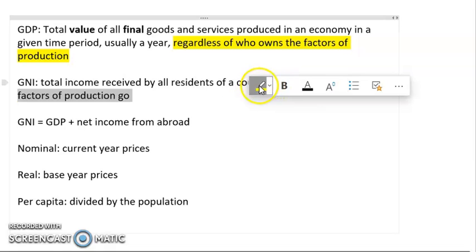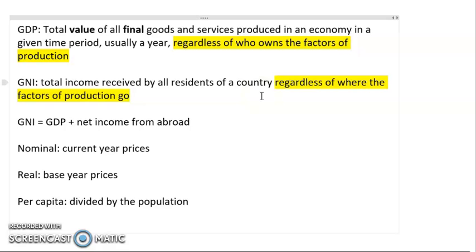What this is saying is, let's go back to the work example. The guy in Serbia, right? The Serbian resident who goes to the US and works and has the money, let's say they send it home to their family. That money counts toward the GNI of Serbia because it's income that's actually going back to people in their country, even though the factors of production go into a different country, so it's still counted.